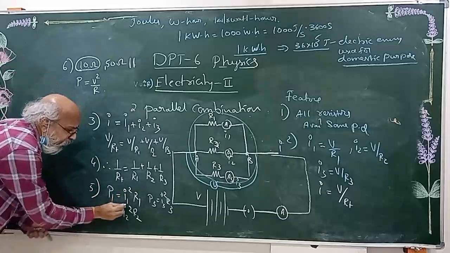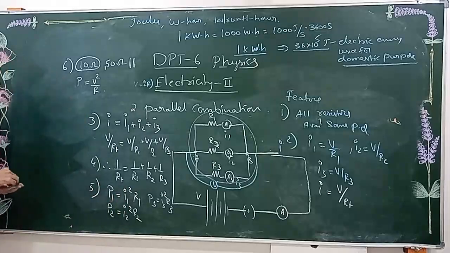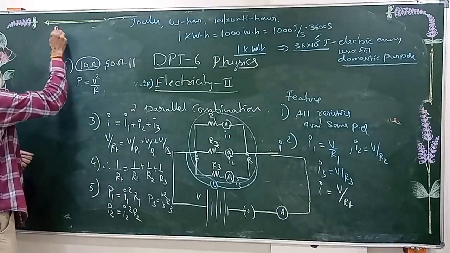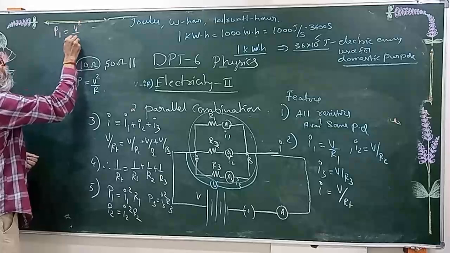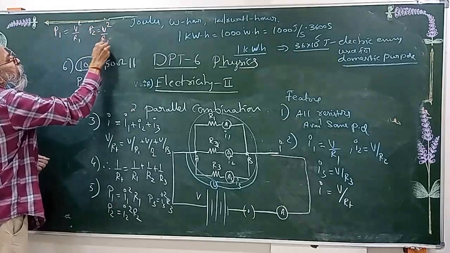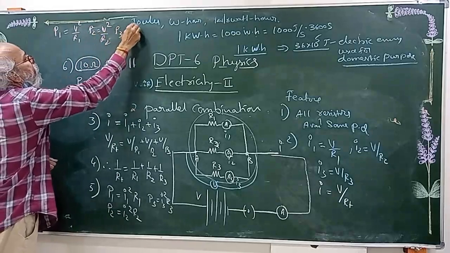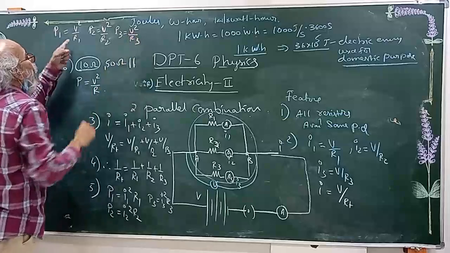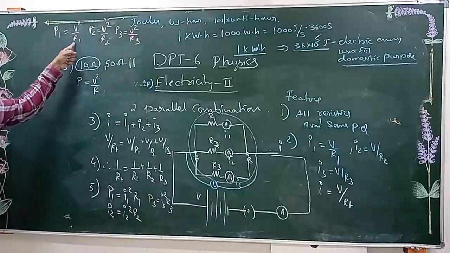Here, instead of I1 and R2, you have to express them like this. P1 is equal to V square by R1. P2 is equal to V square by R2. P3 is equal to V square by R3. Smaller resistance consumes more power.